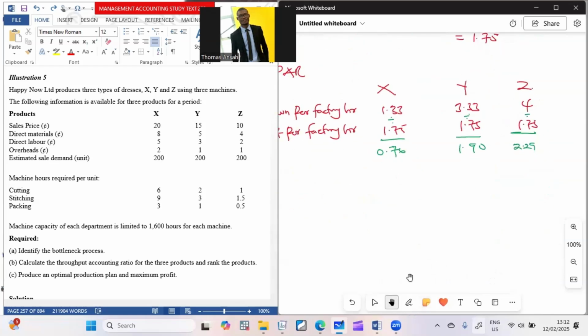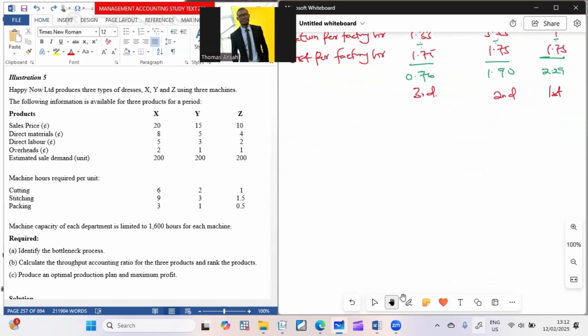All right. So obviously, the question is asking me to do the ranking. This is 1st. This will be 2nd. This will be the 3rd. Right. Basically, that is that. Then the question is asking me the C part, to do the optimal production plan.